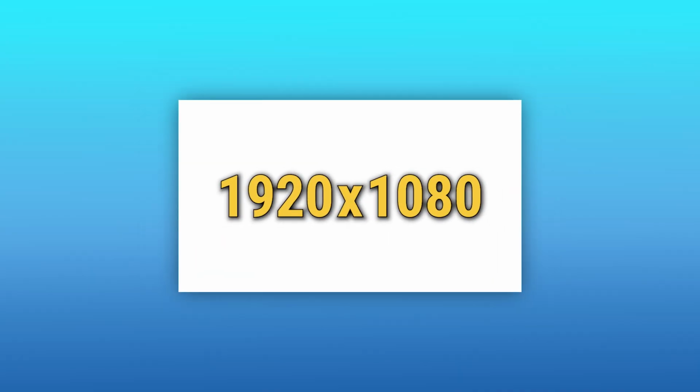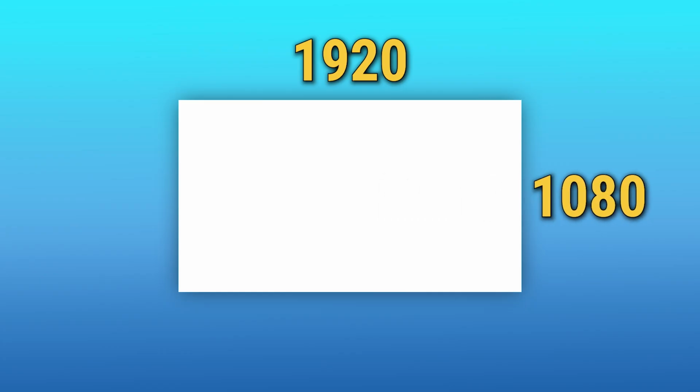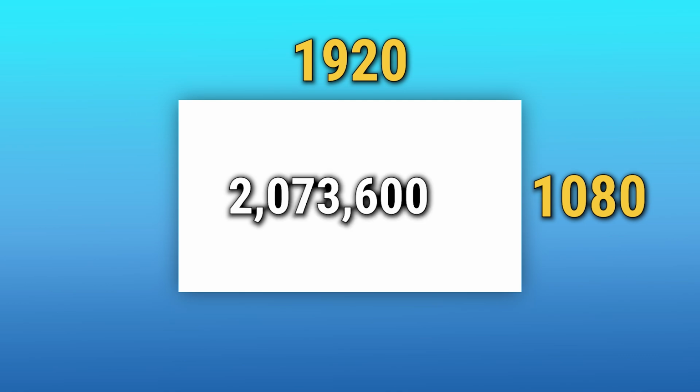For example, some common resolutions are 1920 by 1080, and all that means is that there are 1920 pixels by 1080 pixels. And when multiplied together, 1920 by 1080 resolution gives you a total of 2,073,600 pixels.